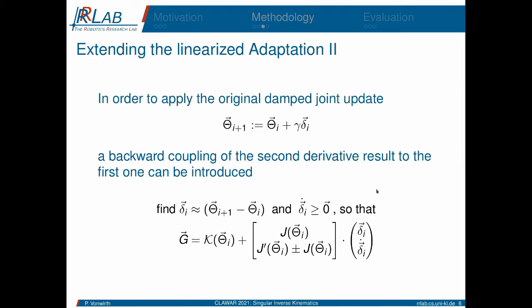But in order to take this into account, the Jacobian derivative can simply be extended by the original Jacobian again, with either plus or minus, depending on the robot kinematic structure, which is nice.